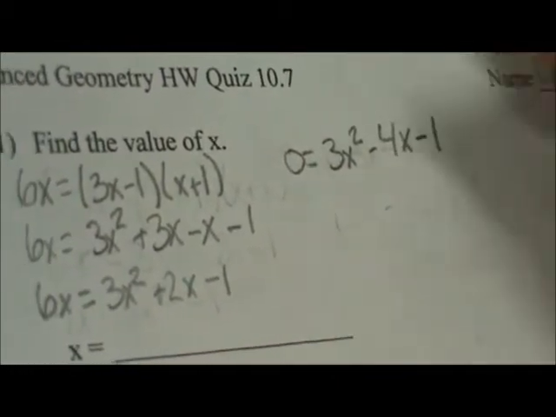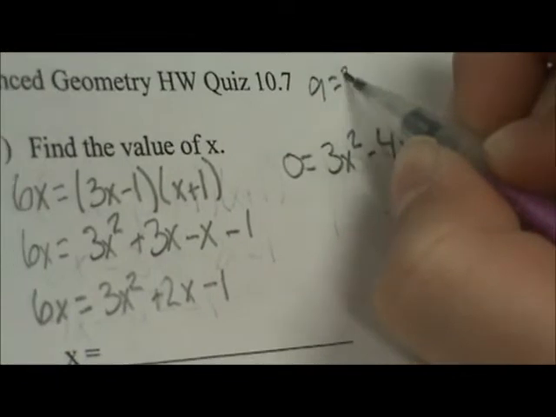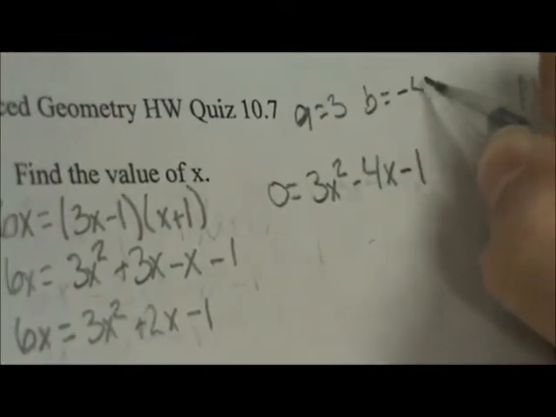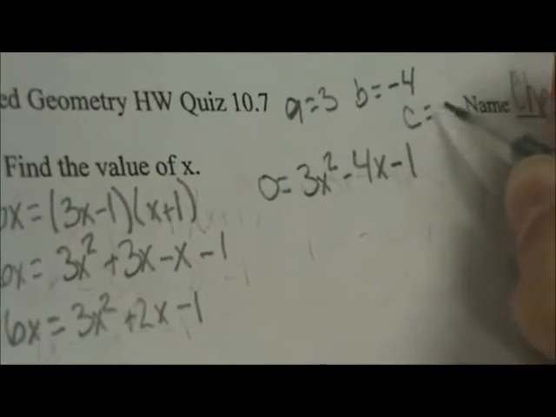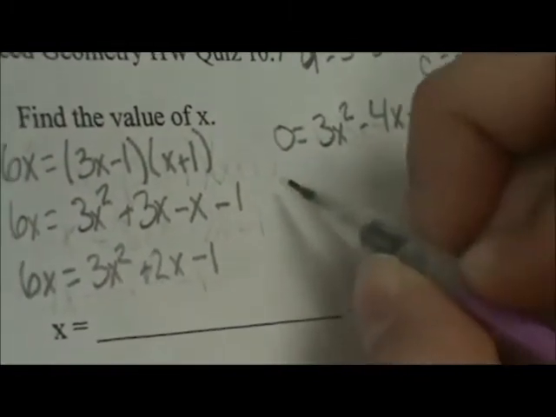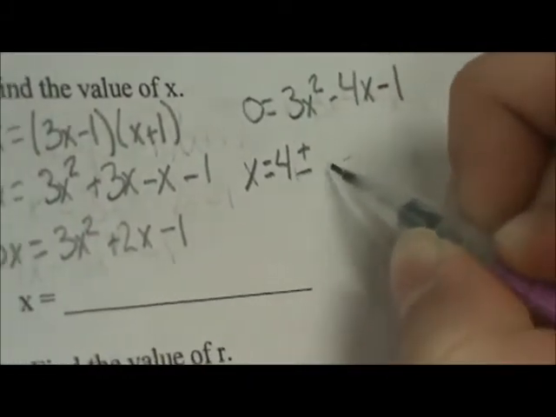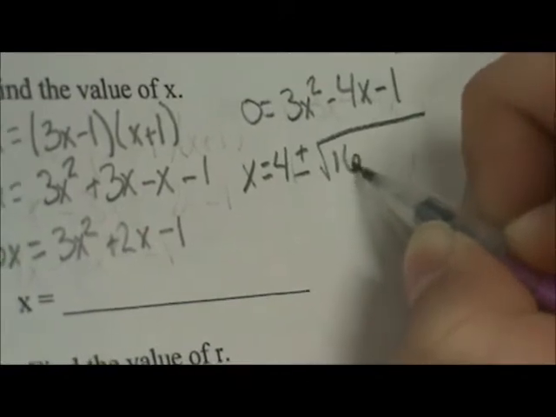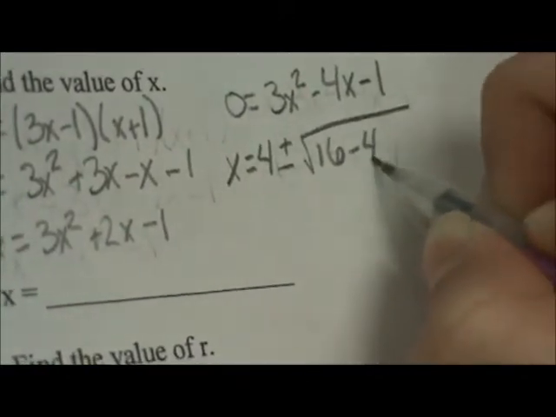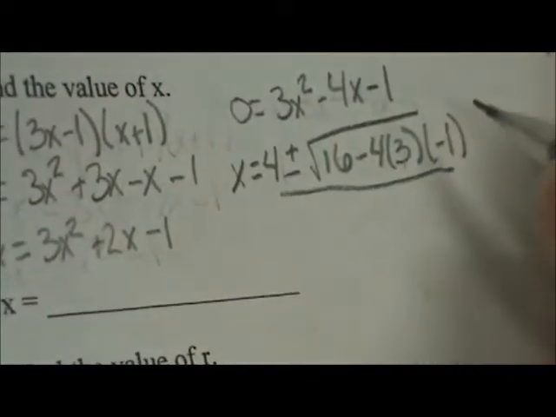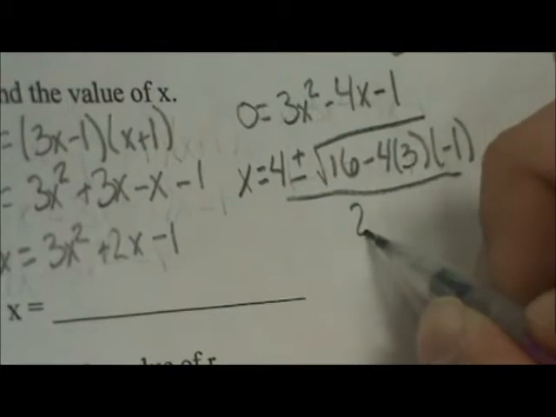Well, then you have your a, b, and c. So a is equal to 3, b is equal to negative 4, and c is equal to negative 1. So now you can use the quadratic equation, which for this equation is x equals 4 plus or minus the square root of 16 minus 4 times 3 times negative 1, all over 2 times 3.